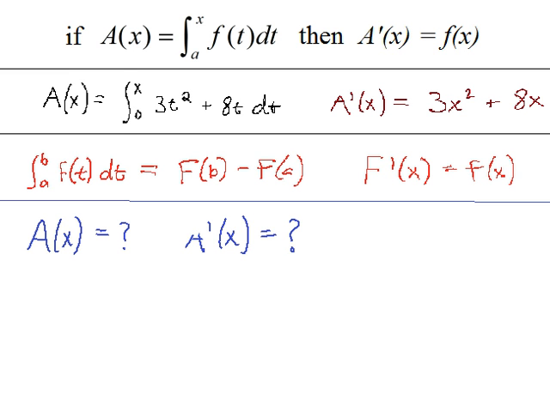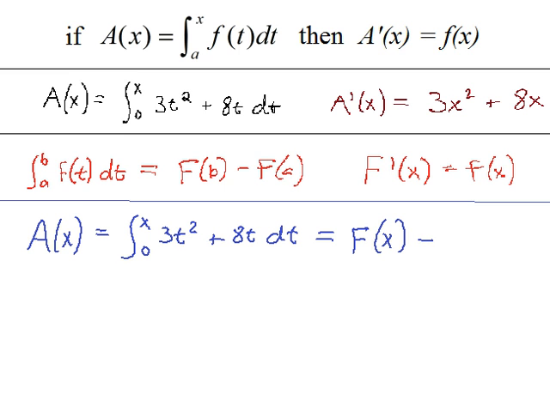According to the first fundamental theorem of calculus, if A of x is equal to a definite integral, then it can be defined explicitly by big F of x minus big F of 0, where big F is the antiderivative of the integrand, 3x squared plus 8x.